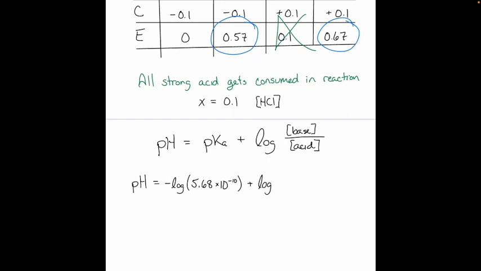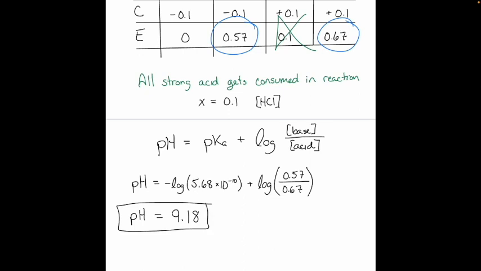And then now we have to take the log of the base over the acid. Cool. And I get a pH equal to 9.18.